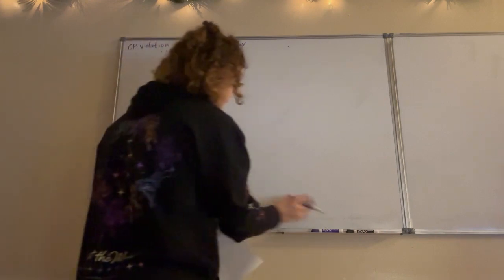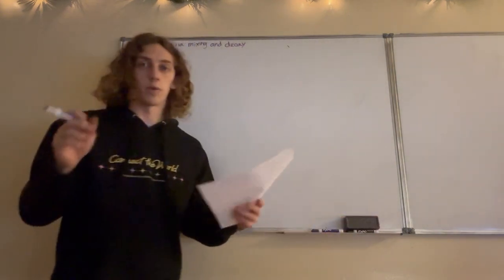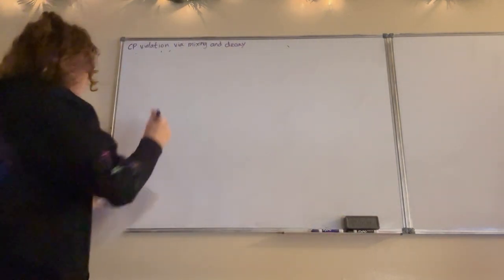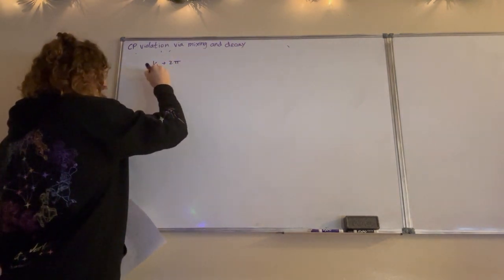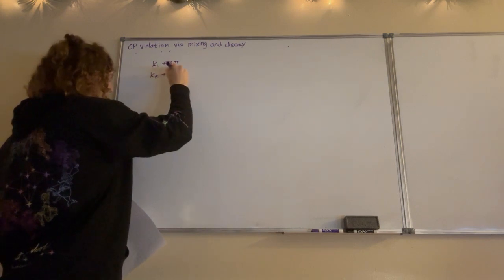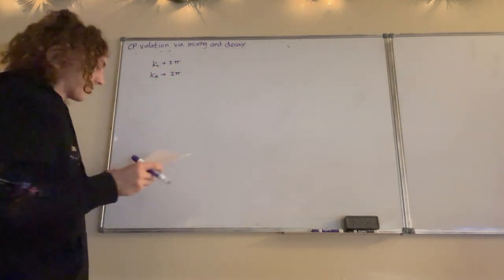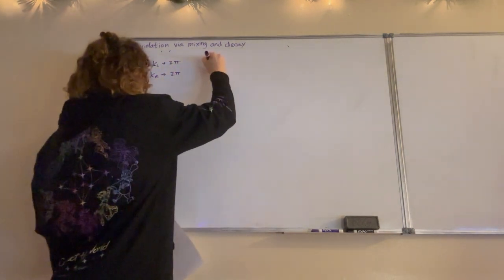So now in terms of just decay, or what we're going to call direct CP violation, we're interested in these two decays, right? Because we know that KL and KS both decay into 2 pi. So what we want to do is define these ratios.